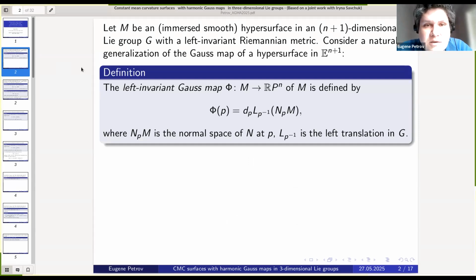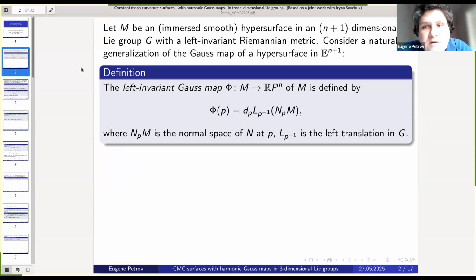So we take a normal vector or maybe a normal subspace, a line at a point of a hypersurface, and we translate it to the origin. So this is a classic definition.